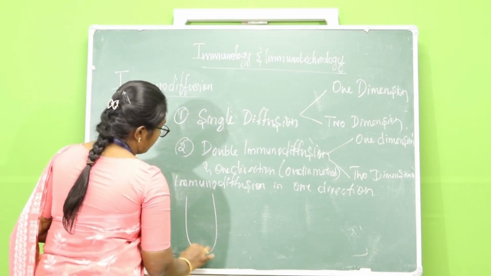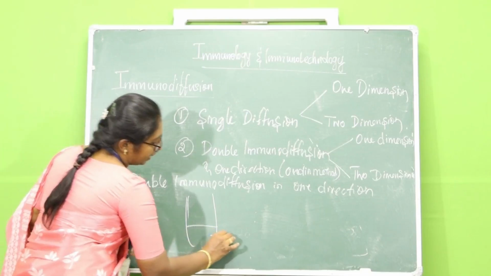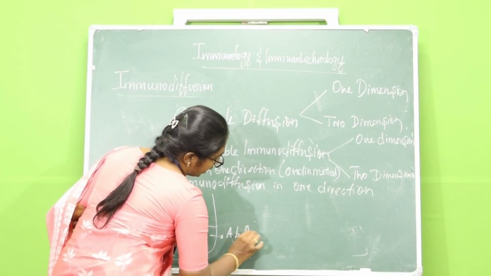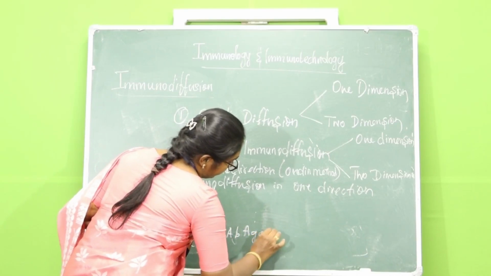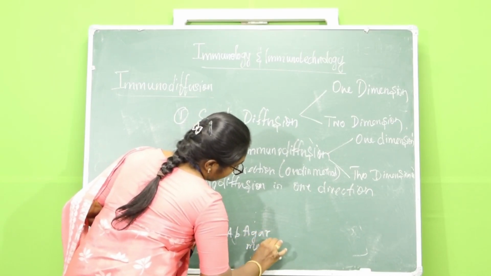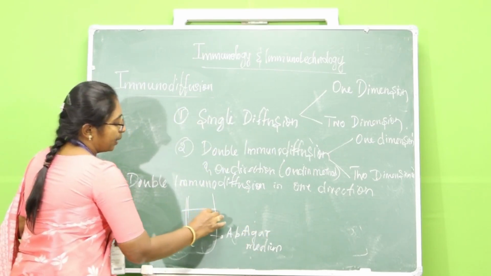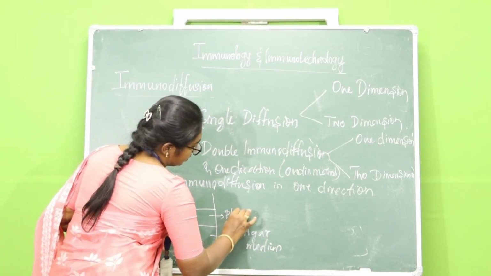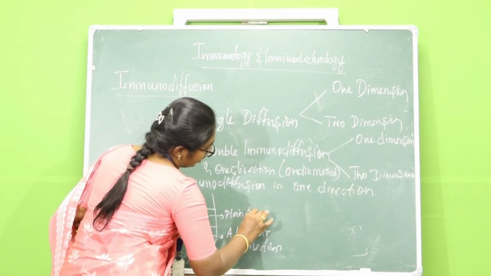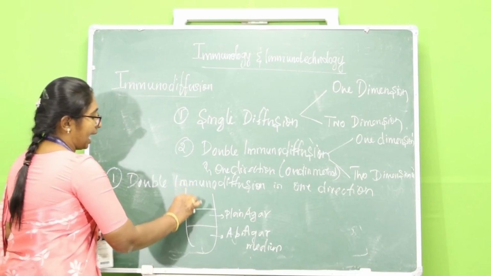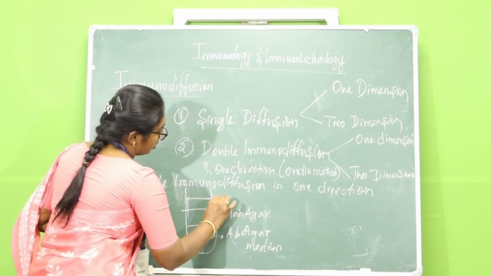In the test tube, we add antibody-infused agar medium. To the medium, we add plain agar. We don't add any antigen or antibody in this agar, to which we then add our antigen solution.